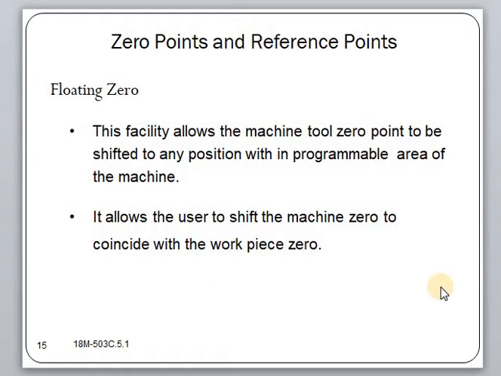The target point is some convenient place on the workpiece or table for the operator to position the tool. So this is about the floating zero and fixed zero.